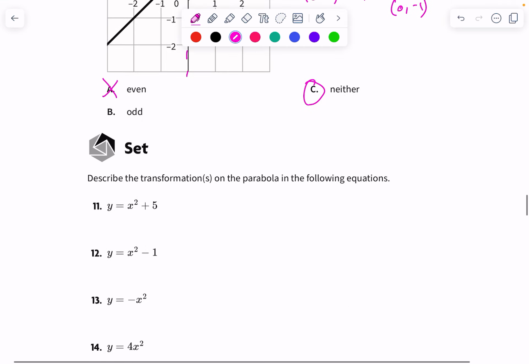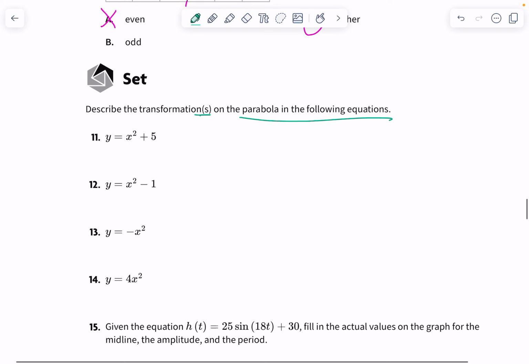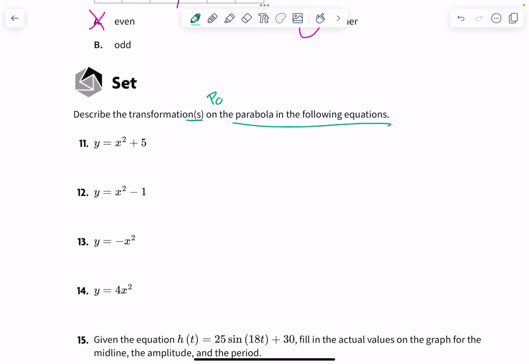Okay, cool. Let's go into describing the transformations on the parabola in the following equations. So parabola, my parent function is y is equal to x squared, right? Okay. So number 11, there is a plus 5 here.